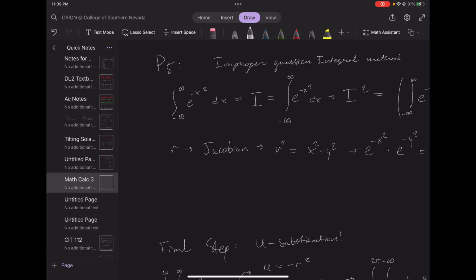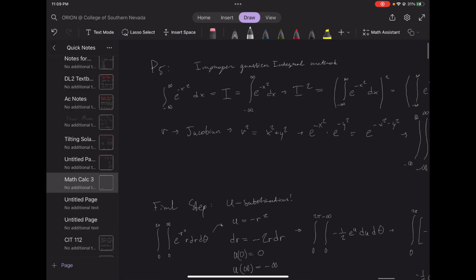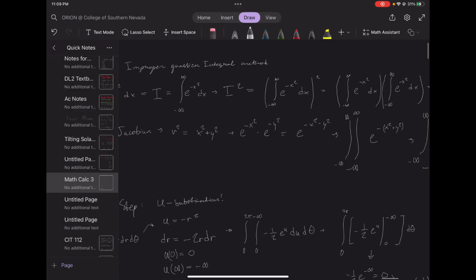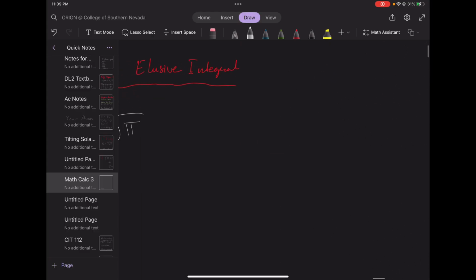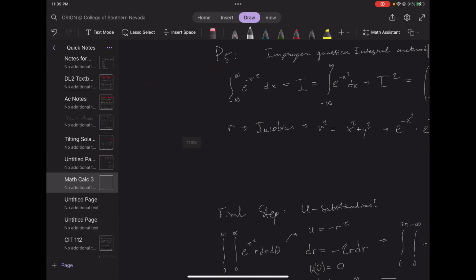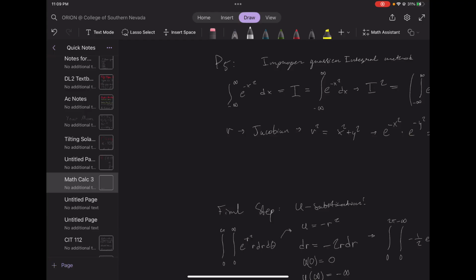So basically, the first thing that really confused me was how did we get it to go from a single integral to a double integral?